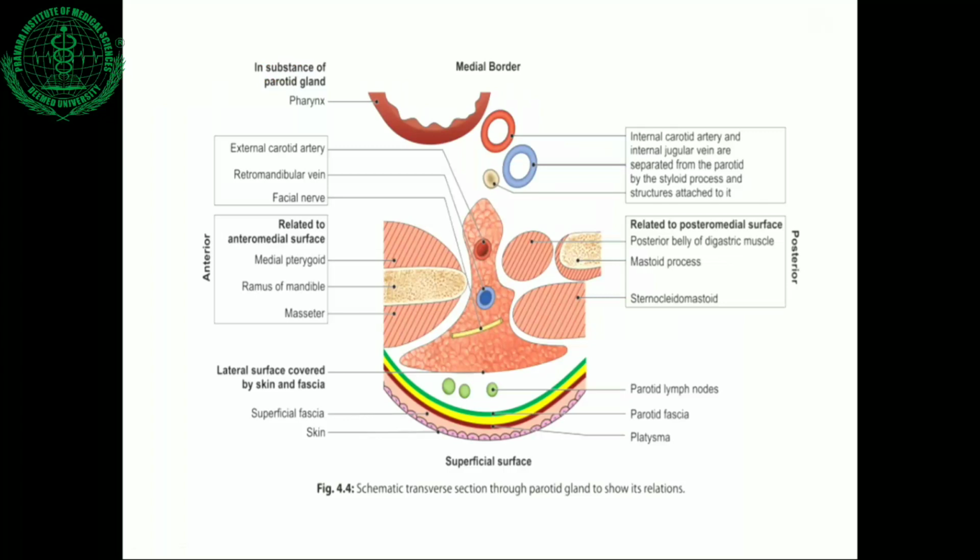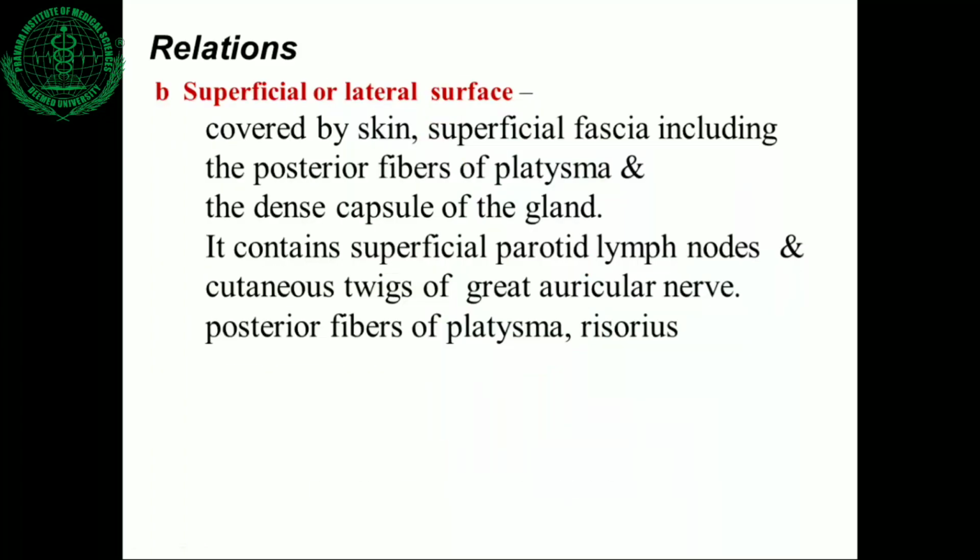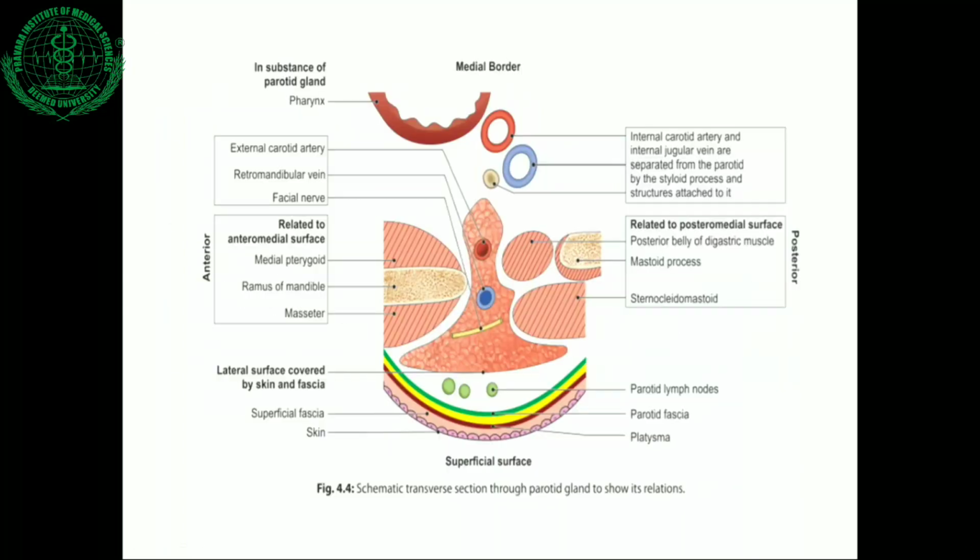This superficial or lateral surface is broad, convex, and is covered by skin and superficial fascia, which consists of the posterior fibers of the platysma. Then it also consists of the dense capsule of the parotid gland.